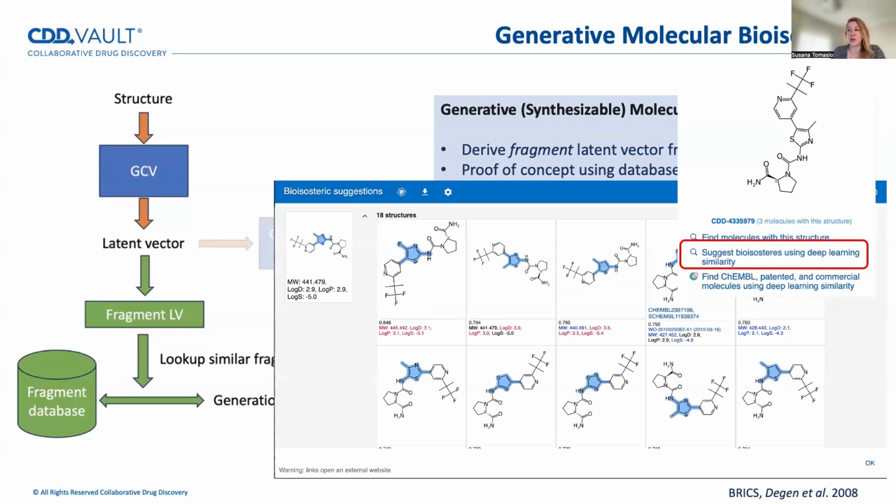Again, this is also integrated in CDD Vault, and it's accessible from the molecule page. You can simply click the link Suggest Bioisosterics using deep learning similarity to see what results you get from your hit. You also get the synthetic accessibility score, which evaluates how easily a molecule can be synthesized based on the frequency of its structural fragments in the ChEMBL database.